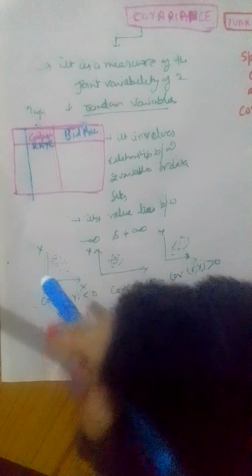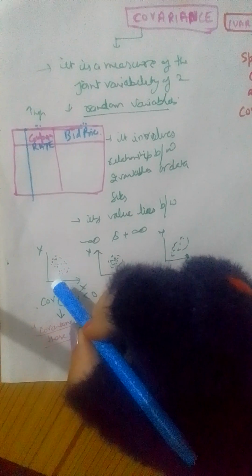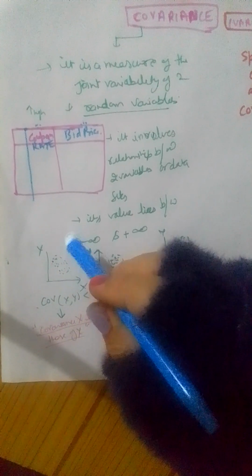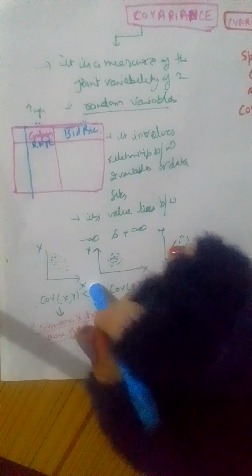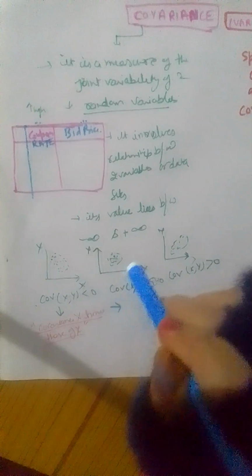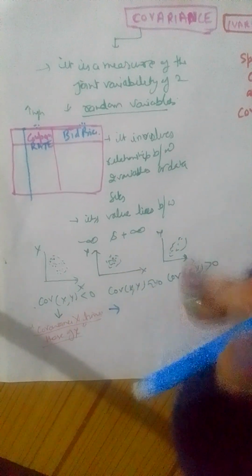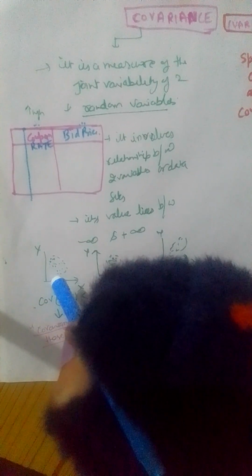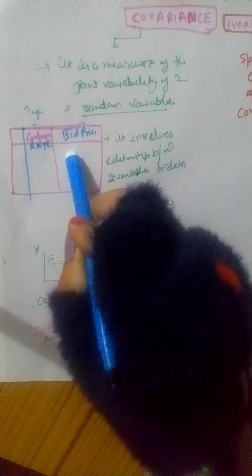Covariance generally represents the linear relationship. So what does that mean? Linear relationship between the coupon rate and bid price.